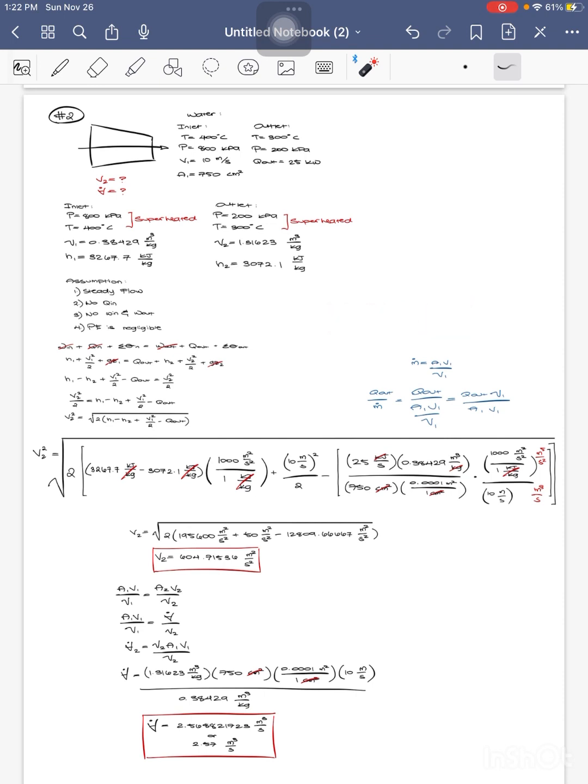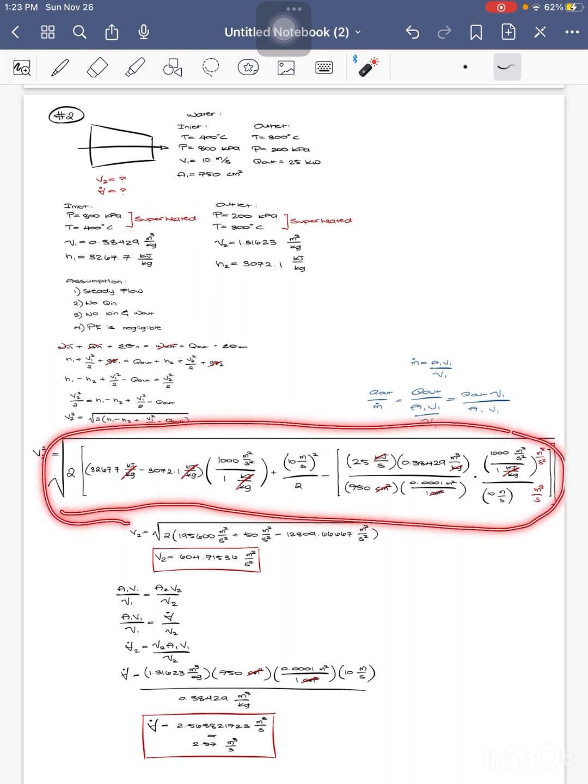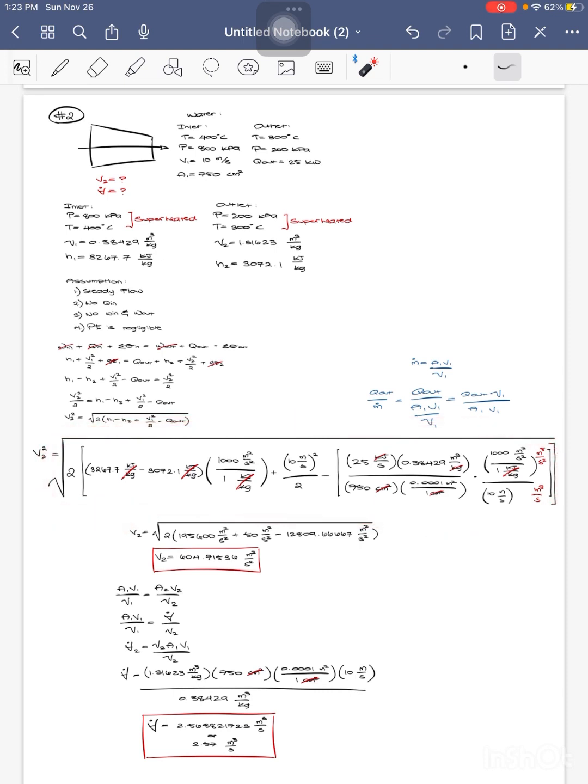Mass flow rate is equal to A sub 1 times velocity sub 1 over specific volume sub 1, and I put it here, which is equal to Q out times specific volume sub 1 over area times velocity sub 1, which then I use the equations given for this.